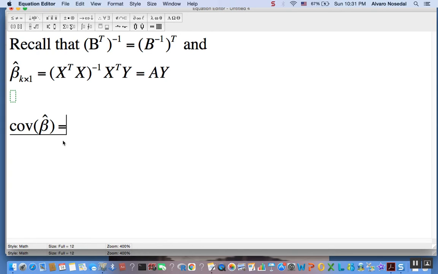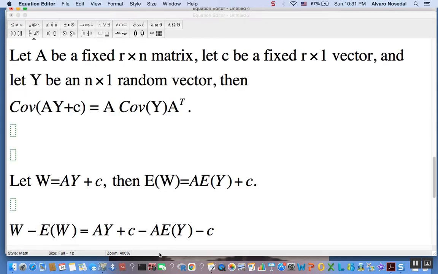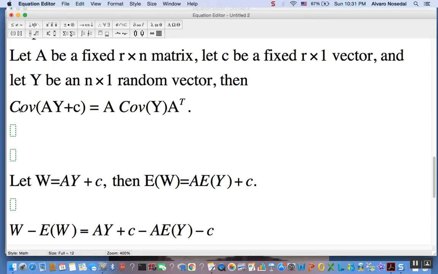Using our proposition, let me remind you what it says. If you have the covariance of A times Y plus C, that equals A covariance of Y times A transpose.